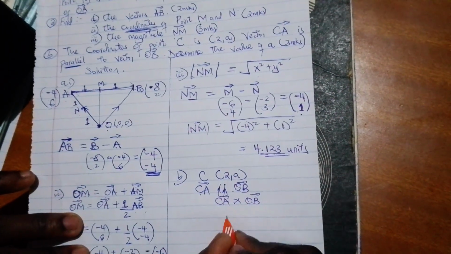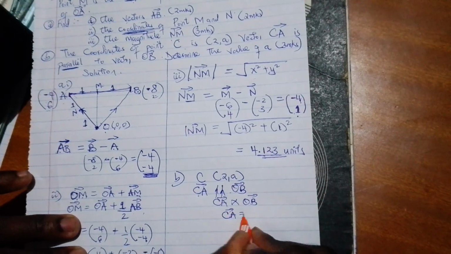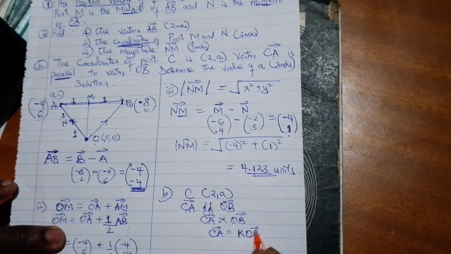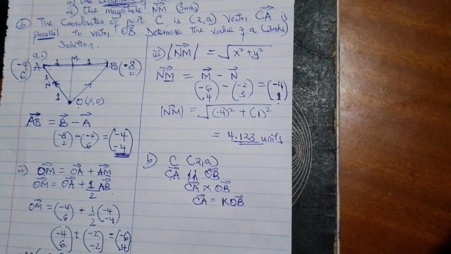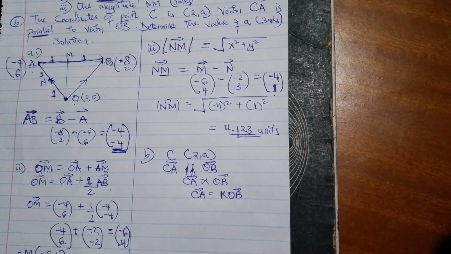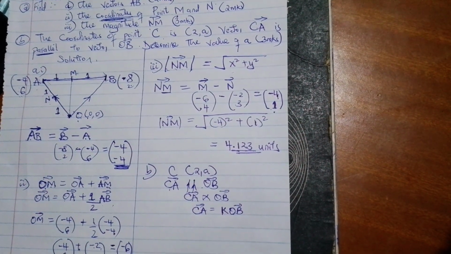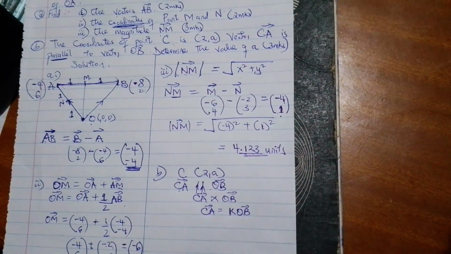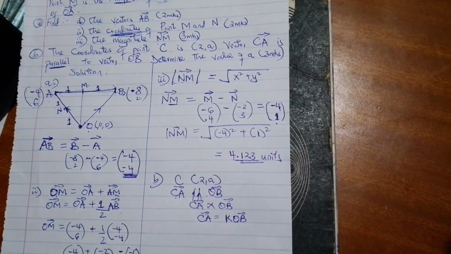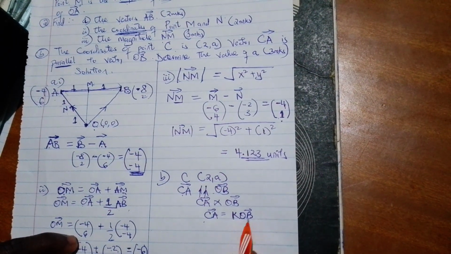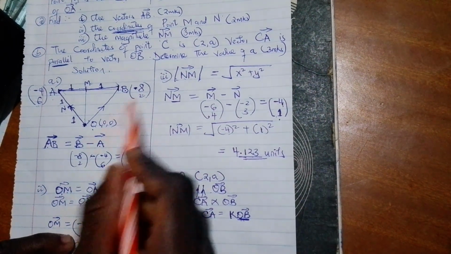So I'll have CA is equal to a constant, maybe K, times OB. It's a very tricky question, but if you give it your full attention, we will get it. Already we have OB. OB is just the same as the coordinates at point B.